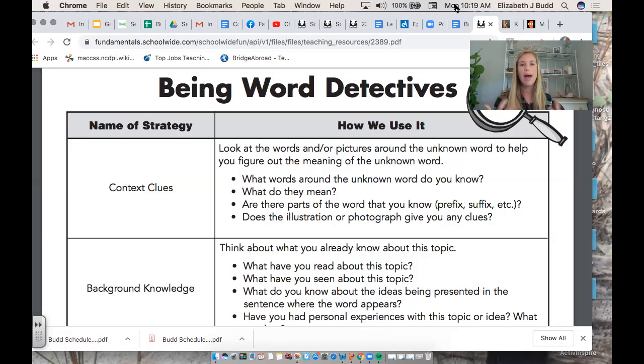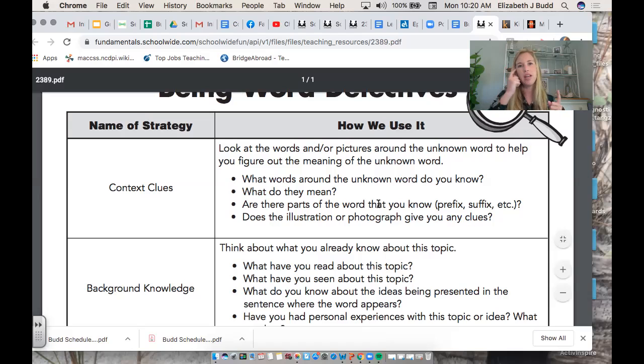I can use my background knowledge of what a Ferris wheel is to figure out what a word is that I don't know about Ferris wheels. Think to yourself, what do you know about the topic already? What have you read about the topic in this book so far? What have you seen in the news or seen about the topic on maybe YouTube, or maybe heard from a friend about this topic? So any background knowledge is what you already have in your head.